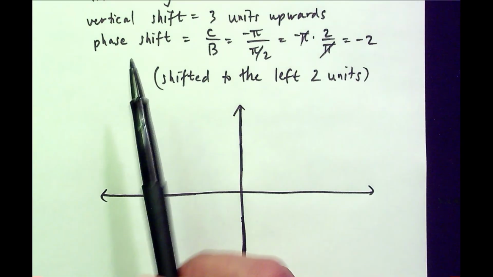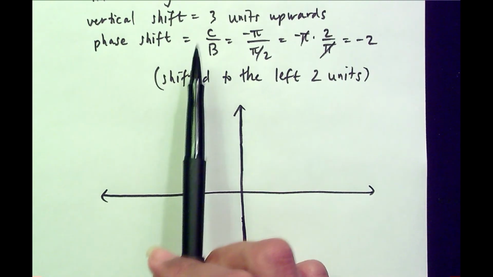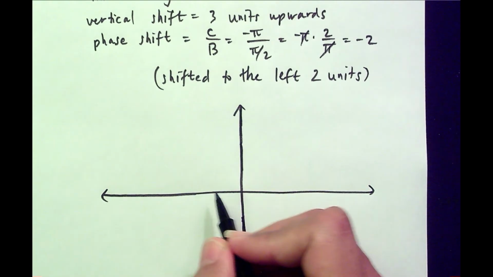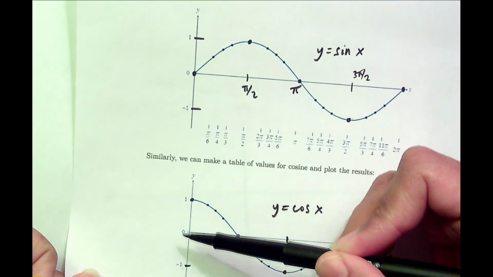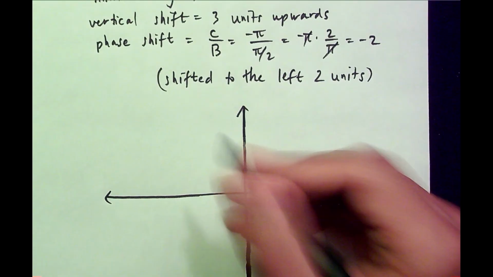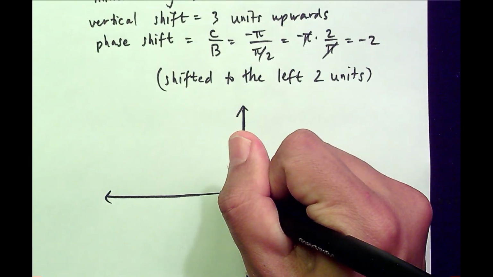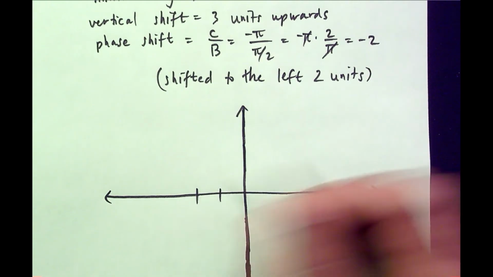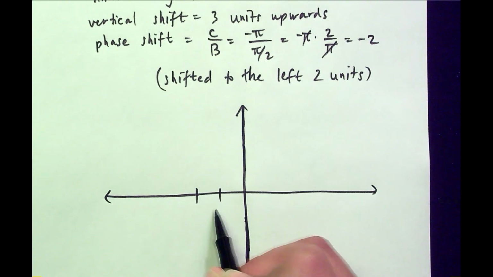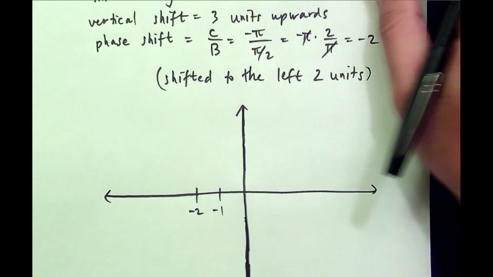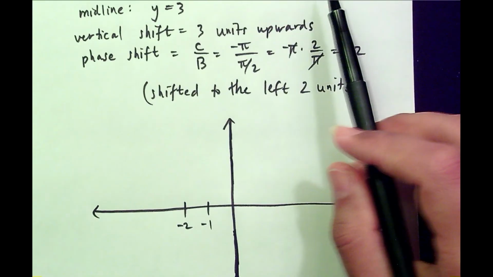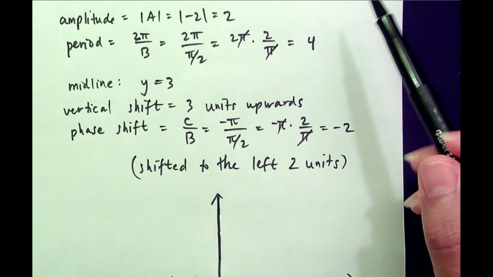This one is shifted to the left 2 units. So that means instead of starting above 0, we're going to start 2 units to the left. 1, 2. And this is -1, this is -2. Now, the period is going to tell us where we're going to end indirectly.